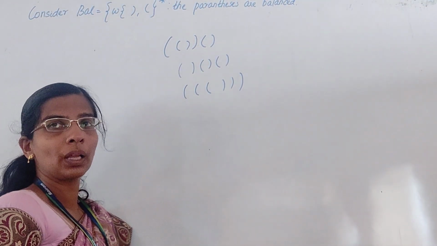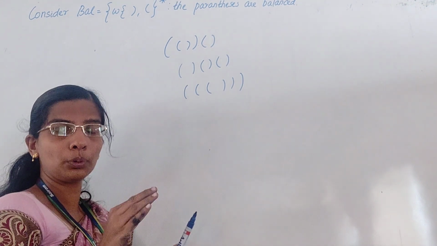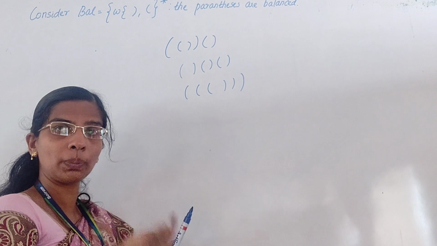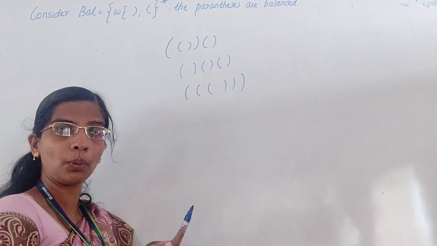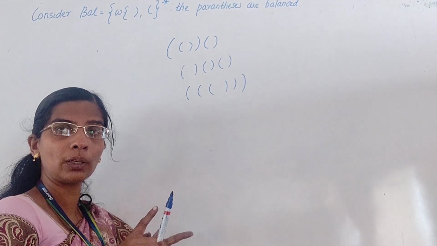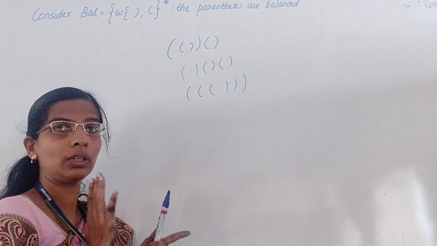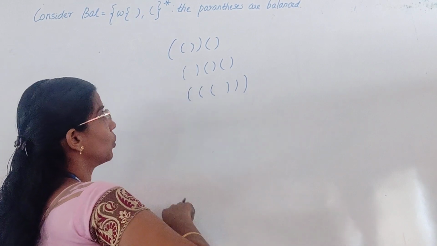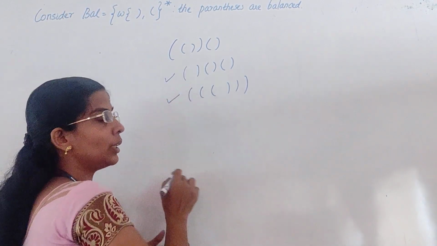Right? So here, for open parenthesis, I push into my stack, and for closed, when I see this closed parenthesis, I start popping from the stack, and I check whether the count of open and closed parentheses are the same or not. But here, as I told, this is a valid one, and this is a valid one.